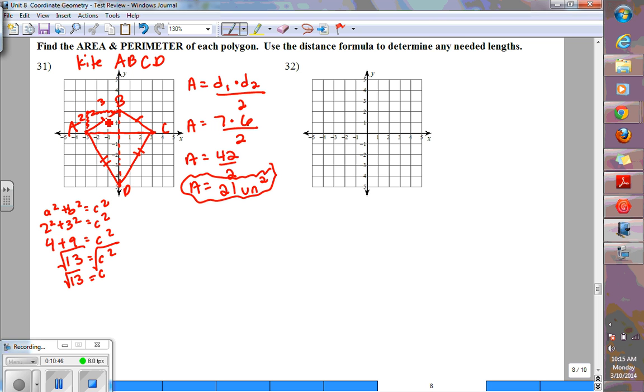So this side is the square root of 13. And this side is the square root of 13. So down here, I get a 3 side and a 5 side. 3 squared is 9, 5 squared is 25. That 34 is equal to c squared.